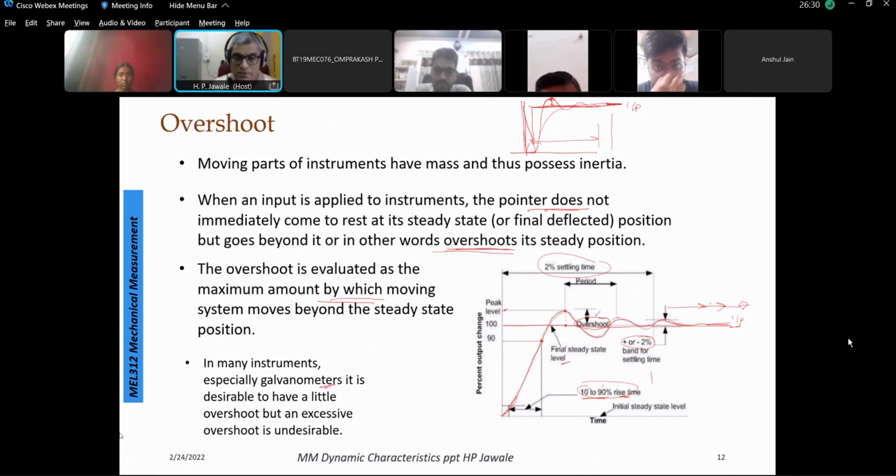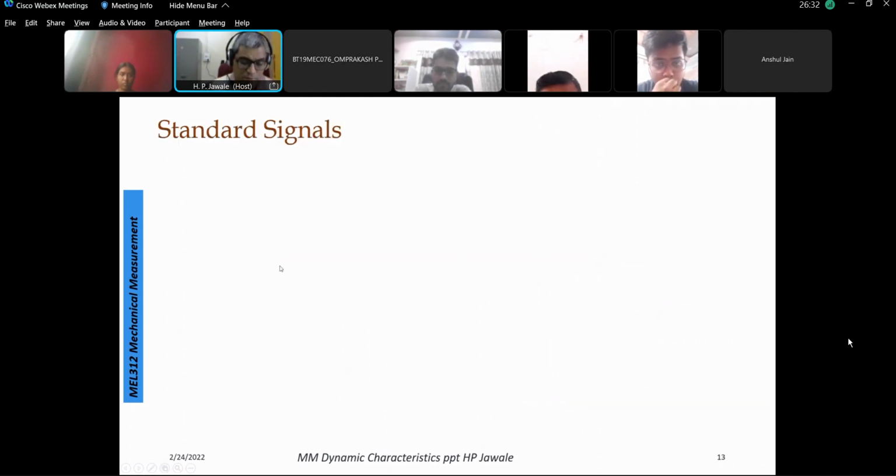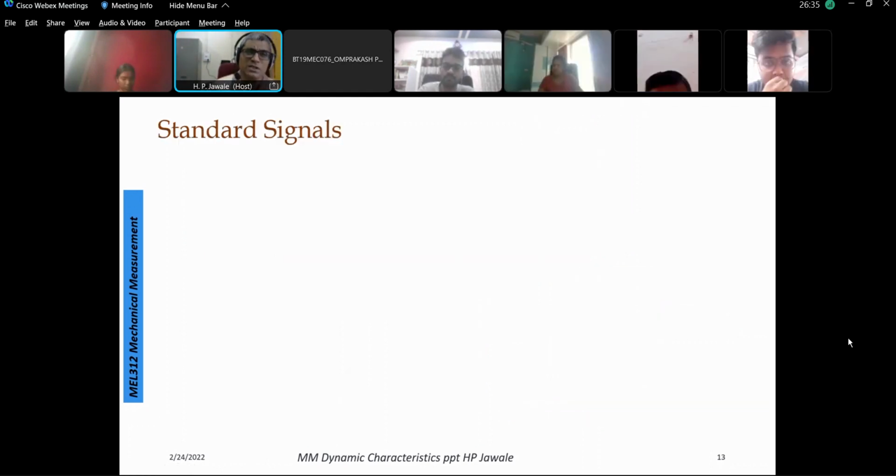Then we'll try to see the next property. The input signals are required. We have already said that for the measurement system, we are going to apply some kind of input and find the response of the system. When it is placed for actual measurement, we are not sure what kind of input it is going to have. But an approximation of the actual input can be understood by resembling it to some standard input forms, right?